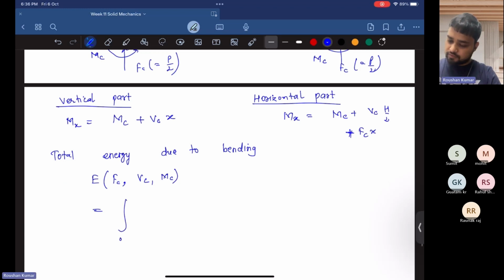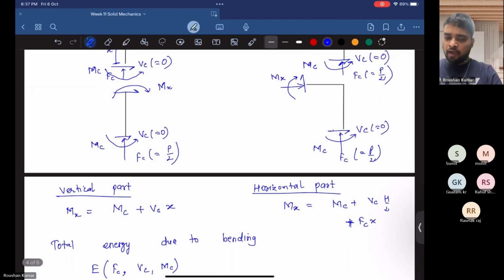So the integration over 0 to h by 2 of (Mc + Vc x) whole square upon 2EI into dx, plus the integral over 0 to L by 2 of (Mc + Vc into h by 2 + Fc into x) whole square upon 2EI. Here the moment is Mc plus Vc into x.